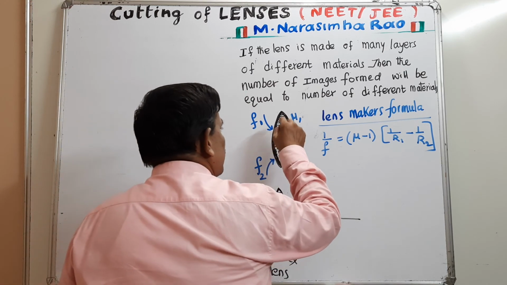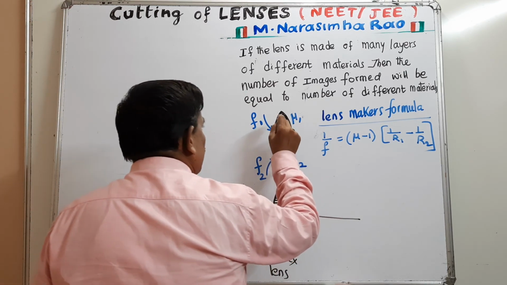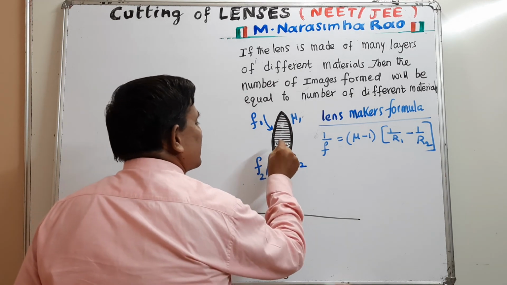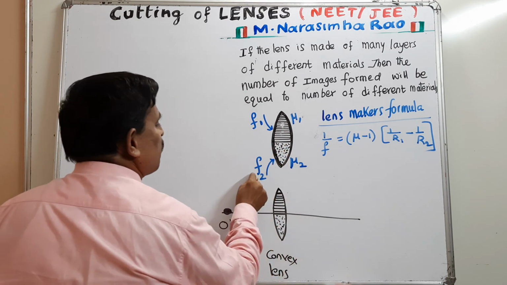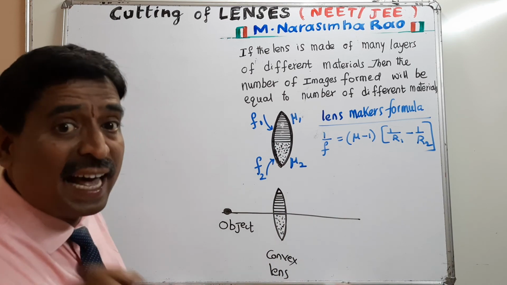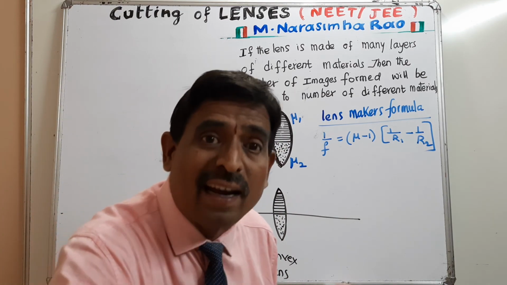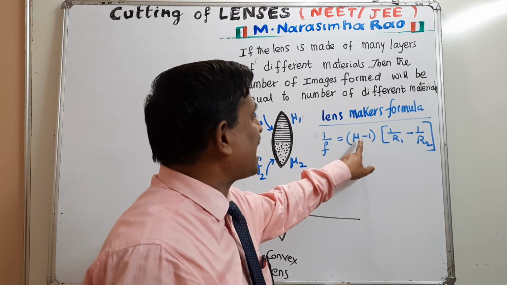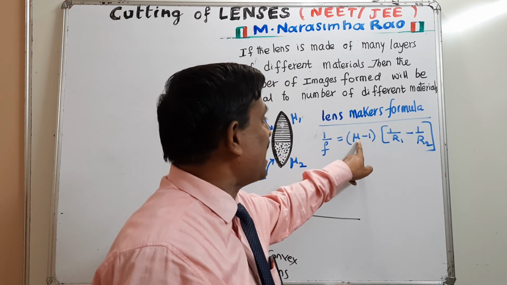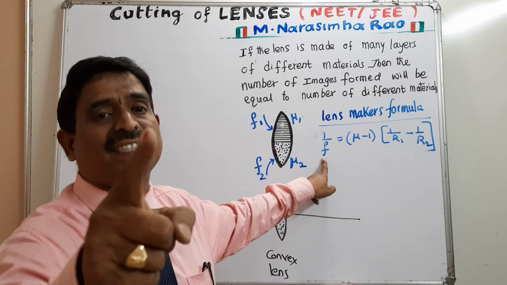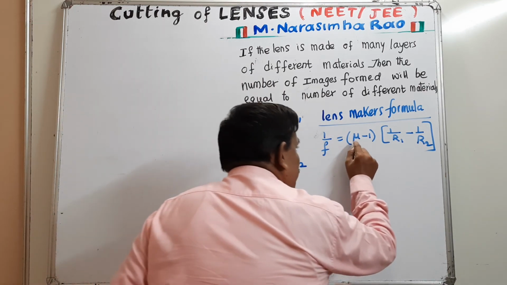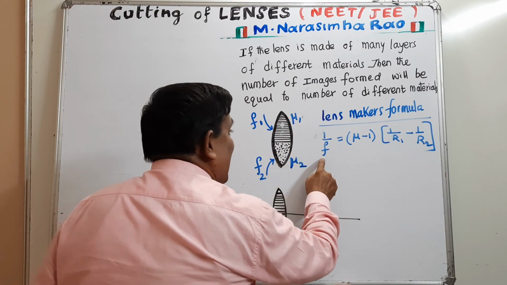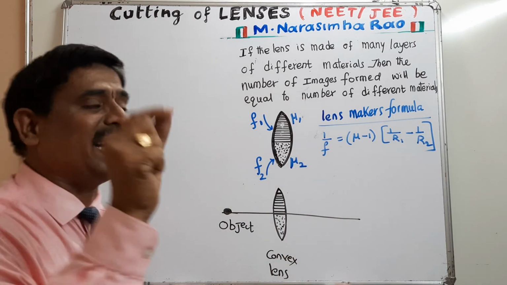The focal length of the upper part of the convex lens is f1. The focal length of the lower part of the lens is f2. The reason is, according to the lens maker's formula, if the refractive index is different, the focal length is different.